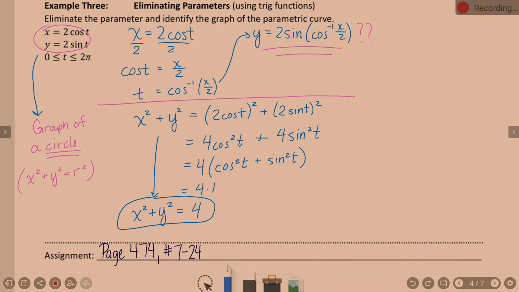So now we're in that form of x squared plus y squared equals r squared. So this is a circle with a radius. What's my radius equal to here? 2, because r squared is 4, so then r is 2. And officially, because it's not like x plus or minus a number and y plus or minus a number, I'm going to say centered at the origin. In other words, it's not shifted anywhere.